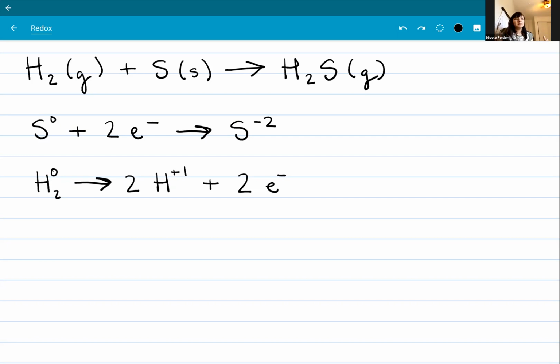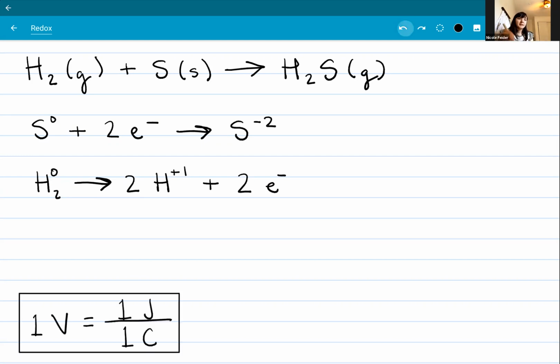The appeal of splitting a reaction into its half reactions is that each one of the half reactions has a potential associated with it. Essentially, this potential is the amount of energy required to make the electron transfer occur, and is in units of joules per coulomb or volts.